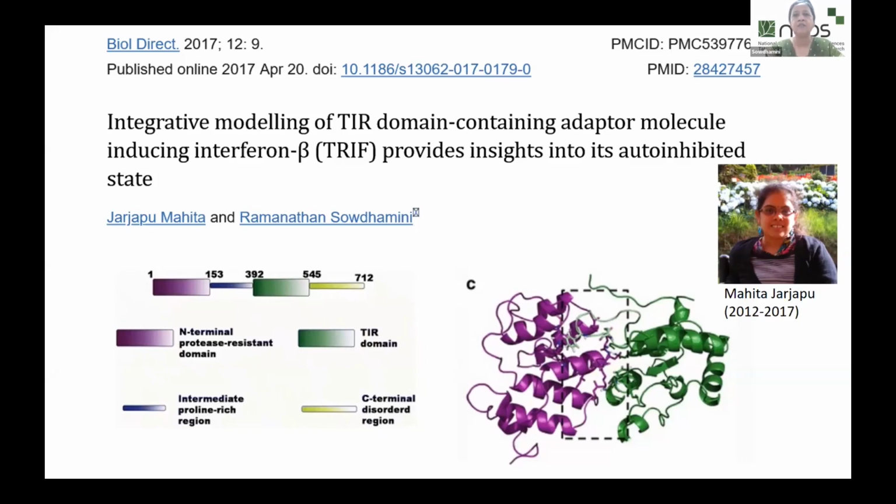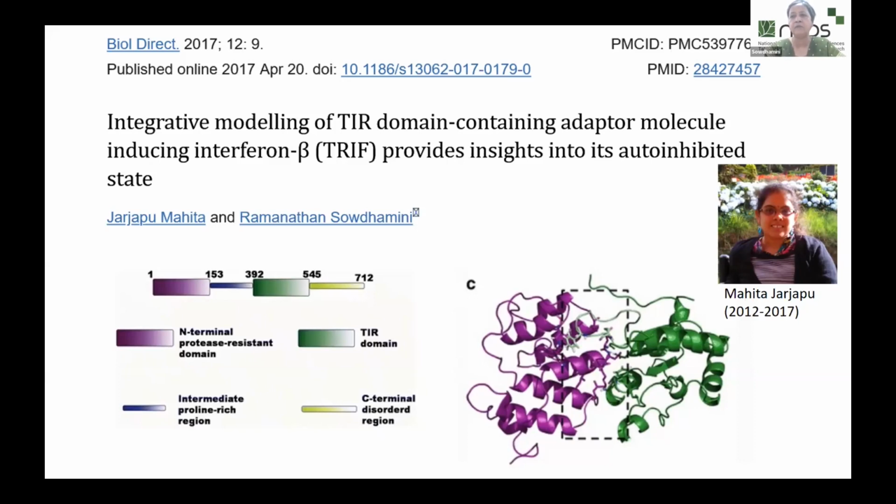Also, some of them can directly participate in signal transduction, whereas some others require what are called adapter domains, which enable them to go into the stream of the signal transduction itself. One of the adapter domains, which is contained in a gene called TRIF, we got interested in.